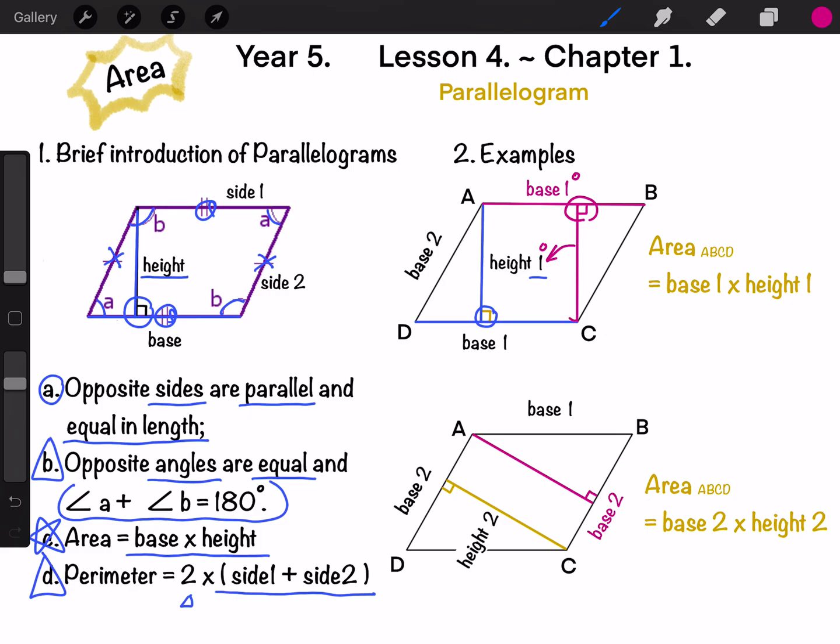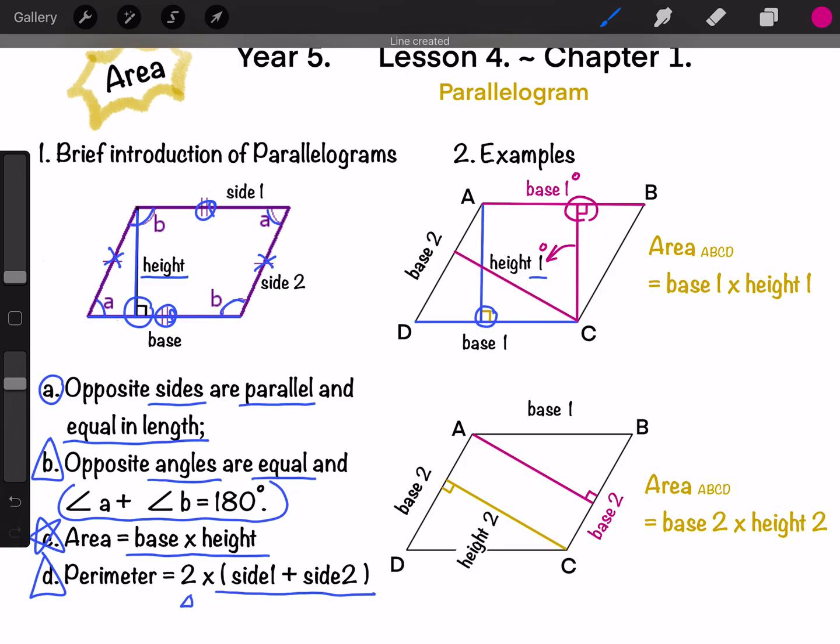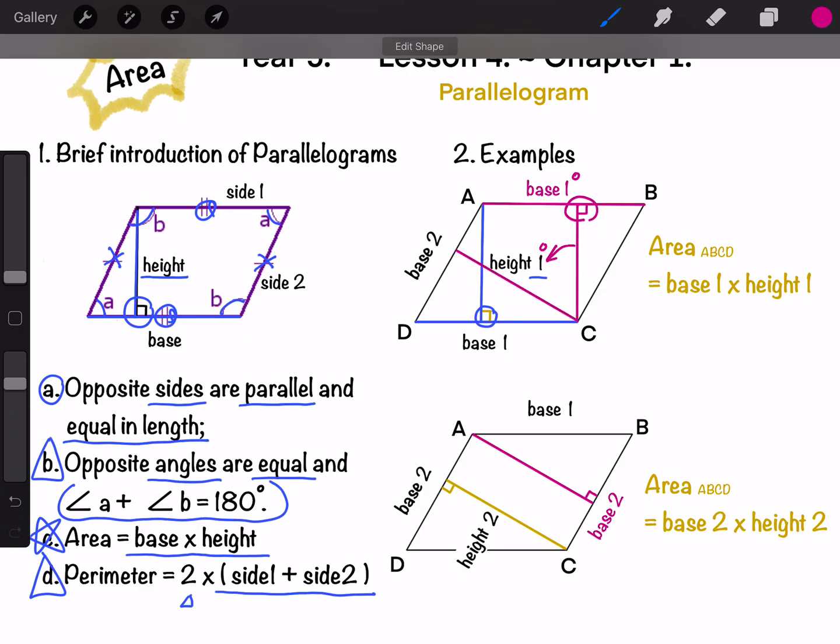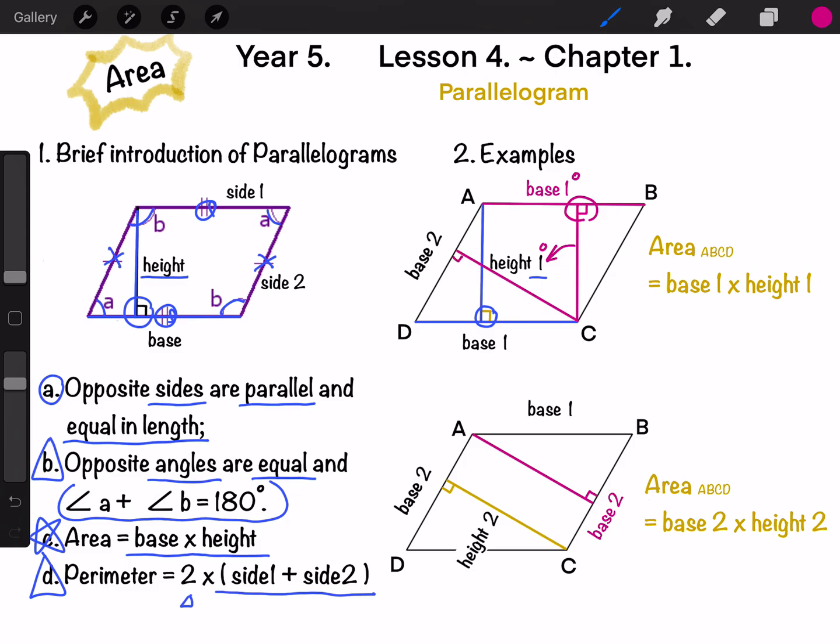Now, if we draw another line which crosses base 2 at a right angle, this line can be called height 2. So can we say area ABCD equals base 1 times height 2?